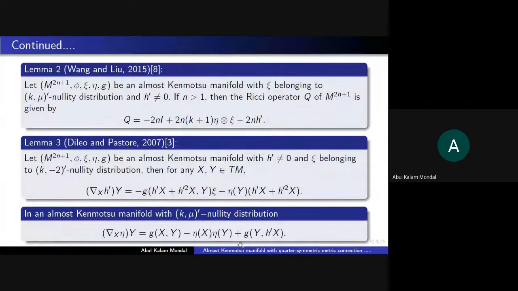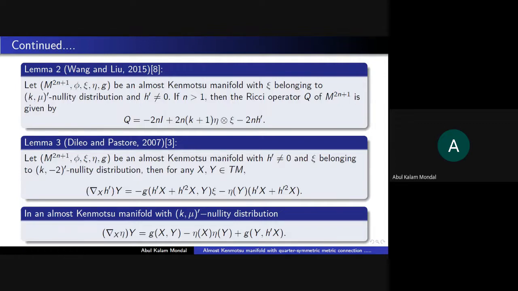And in the same year, another result was given on the (k, μ)'-nullity distribution with h' not equal to 0. The Ricci operator Q of that manifold is given by Q equal to −2nI plus (2nk plus 1)η⊗ξ minus 2n h'.